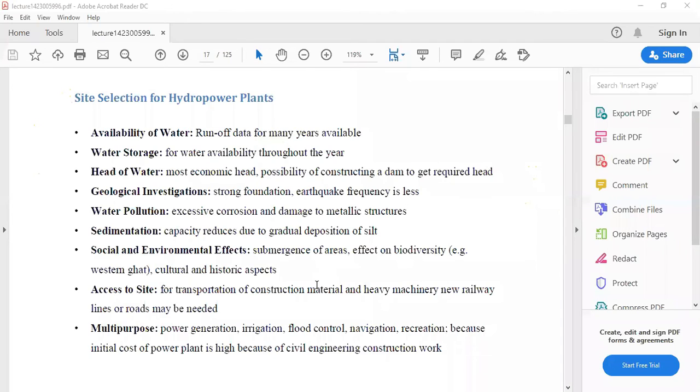Even this dam or hydro site can be utilized to control floods and for recreation, as the initial cost of the power plant is very high because of civil construction work. So as I said, as far as the site of a hydroelectric power plant is concerned, these are some important points.